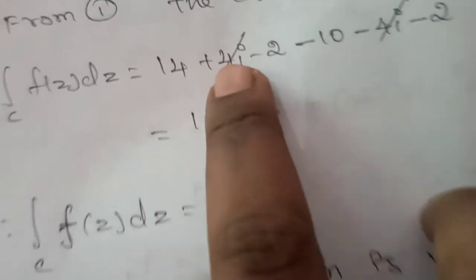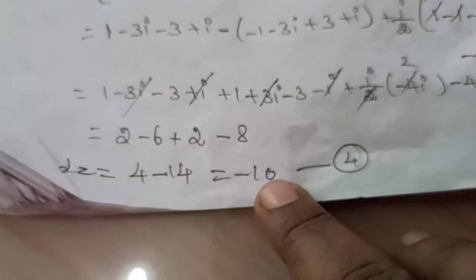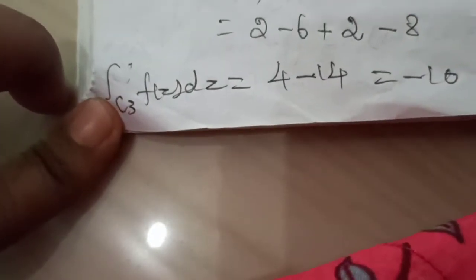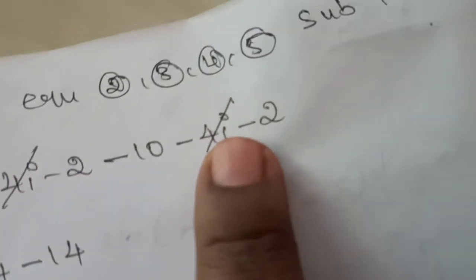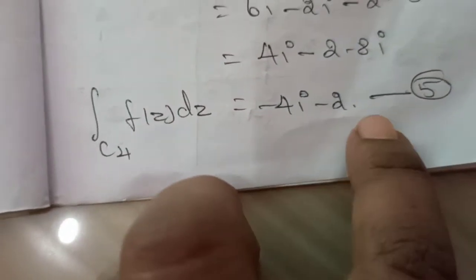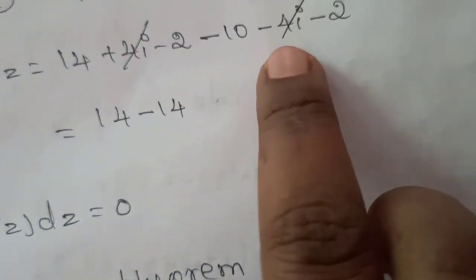Next, along C3 we got the answer minus 10, from equation number 4, substitute here minus 10. Next, from equation number 5, along C4 we got minus 4i minus 2. Substitute here minus 4i minus 2.